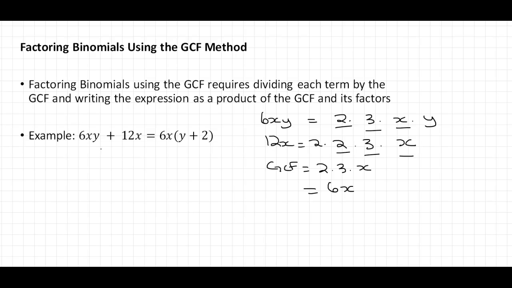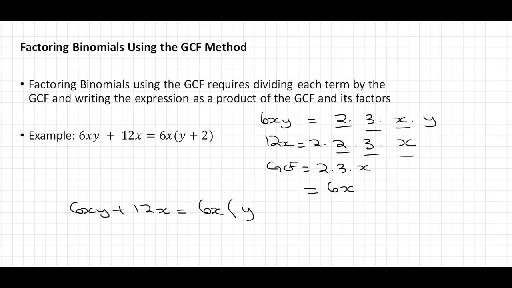Now we want to factor this. So what we're going to do is write this as a product of the greatest common factor and its factors. So now 6xy plus 12x, we have a greatest common factor of 6x, and then what's the other factor for 6xy?